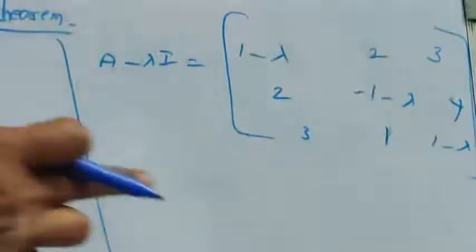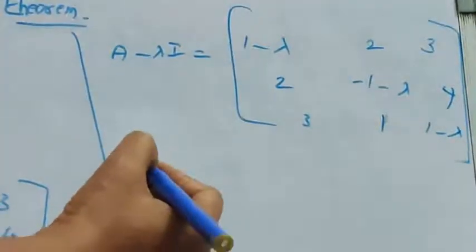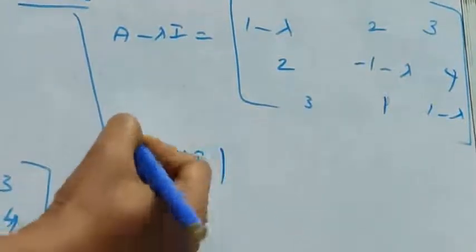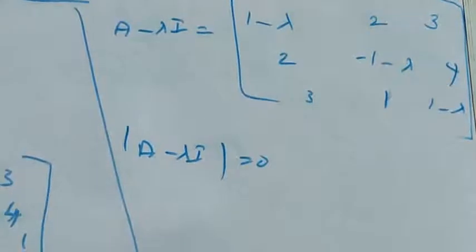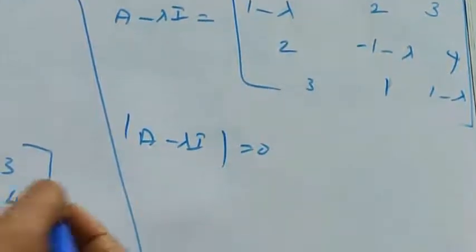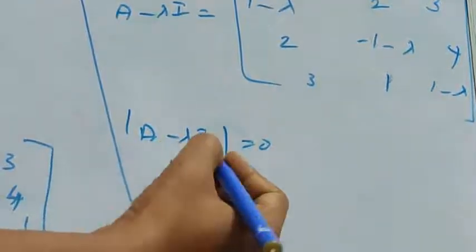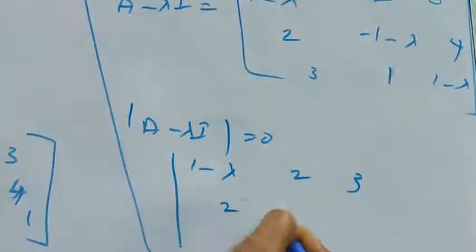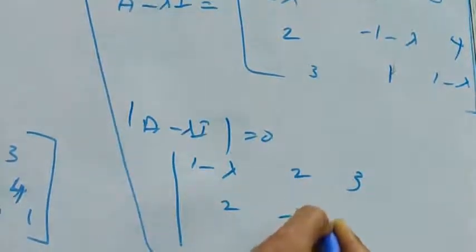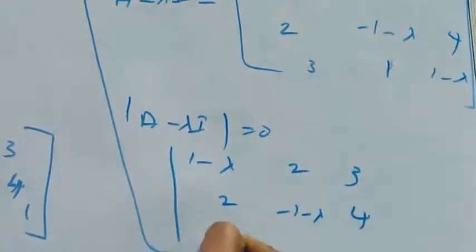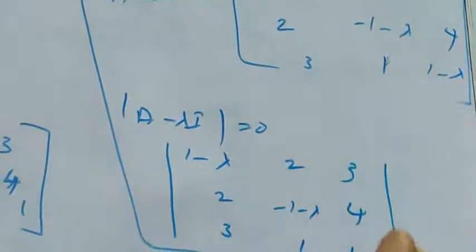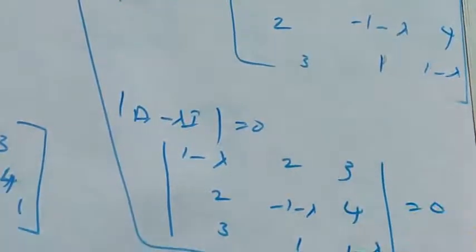Now apply the mod for this. That means the characteristic equation: |A minus lambda I| is equal to 0. So what you will get here? 1 minus lambda, 2, 3; 2, minus 1 minus lambda, 4; 3, 1, 1 minus lambda is equal to 0.